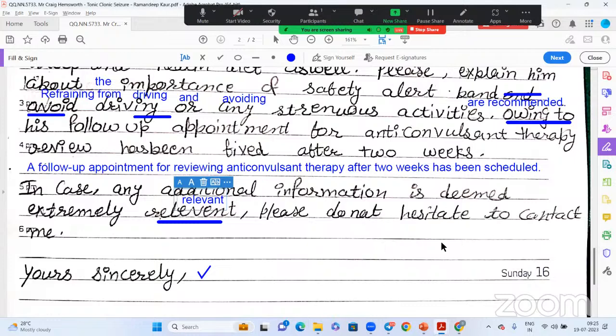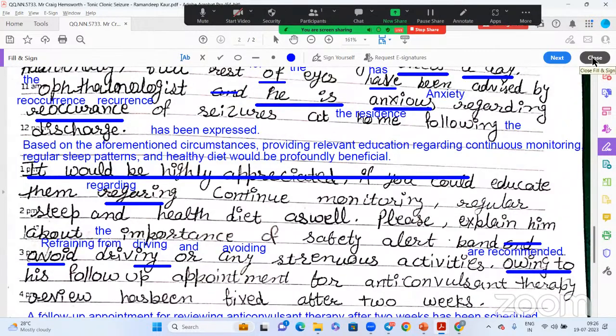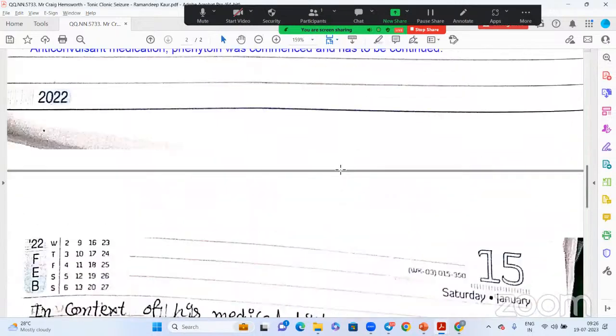Please do not hesitate to contact me. Full stop. Yours sincerely. Okay, that's the end of the letter. So we have got this.